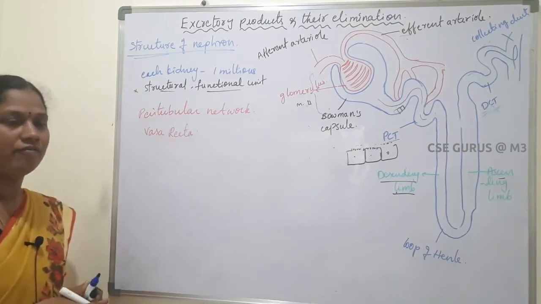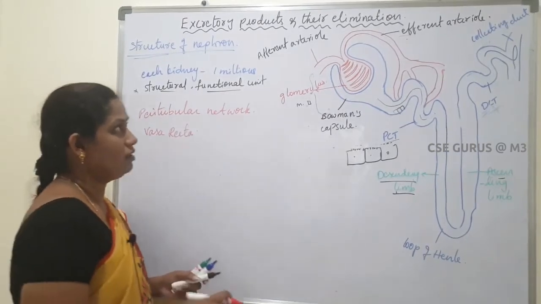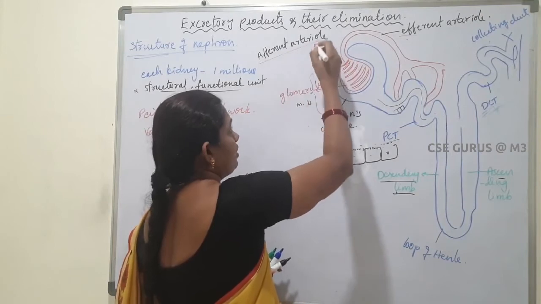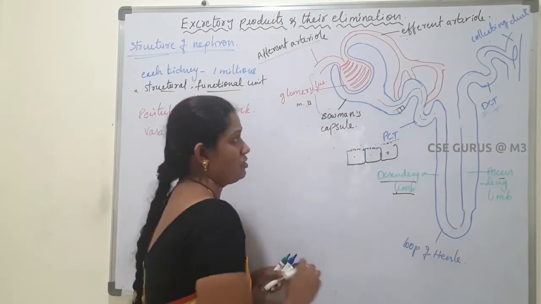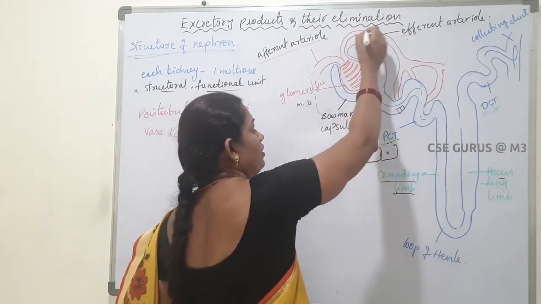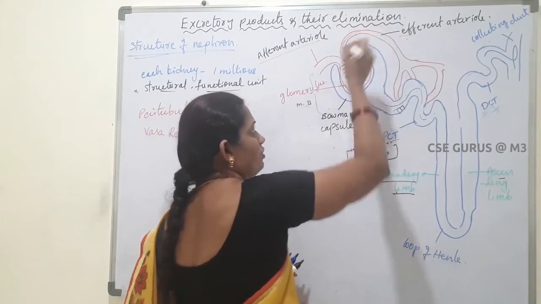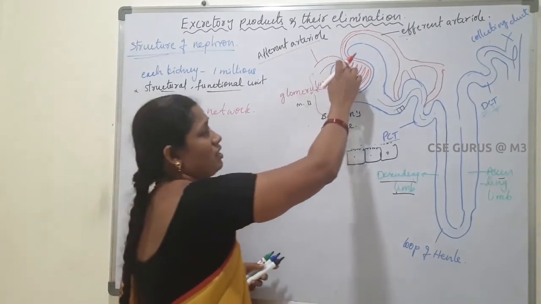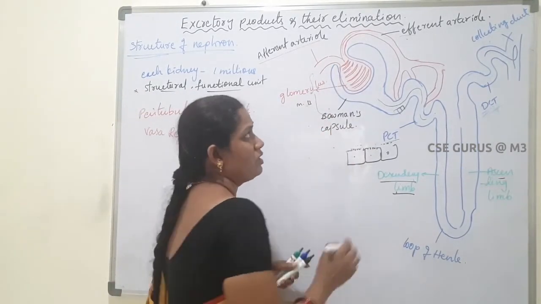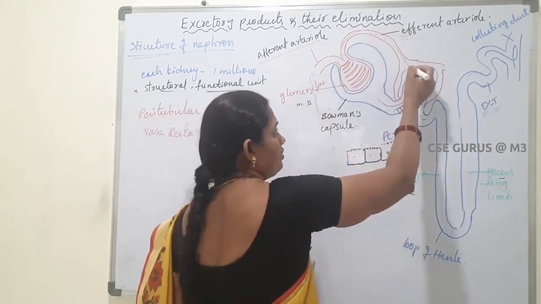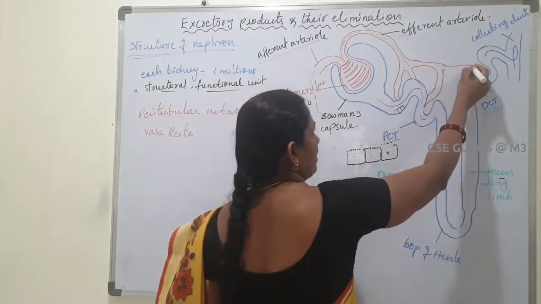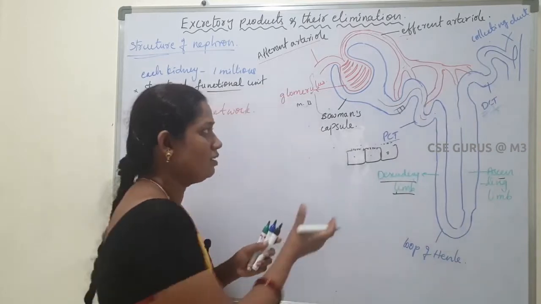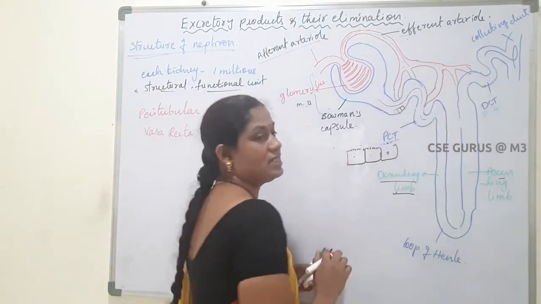Here, the afferent arteriole forms the glomerulus, and then the efferent arteriole comes out of the glomerulus. Next, this efferent arteriole divides into many branches. These branches spread and cover the PCT and DCT.